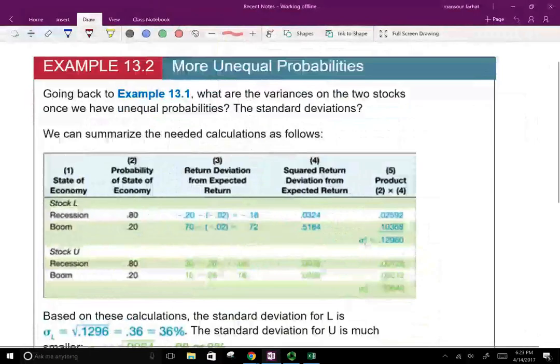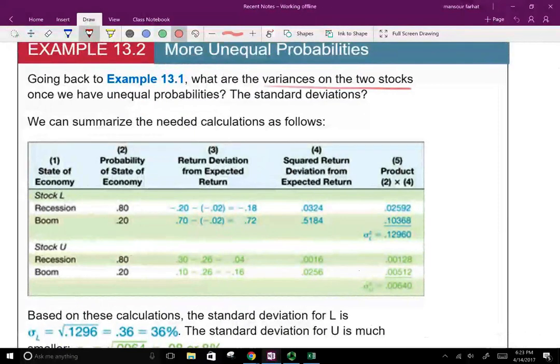So going back to example 13-1, what are the variances of these two stocks once we have unequal probabilities? Unequal, you remember we said 80% recession and 20% boom. Basically, we're going to perform the same calculation. We take the return deviation from the expected return.